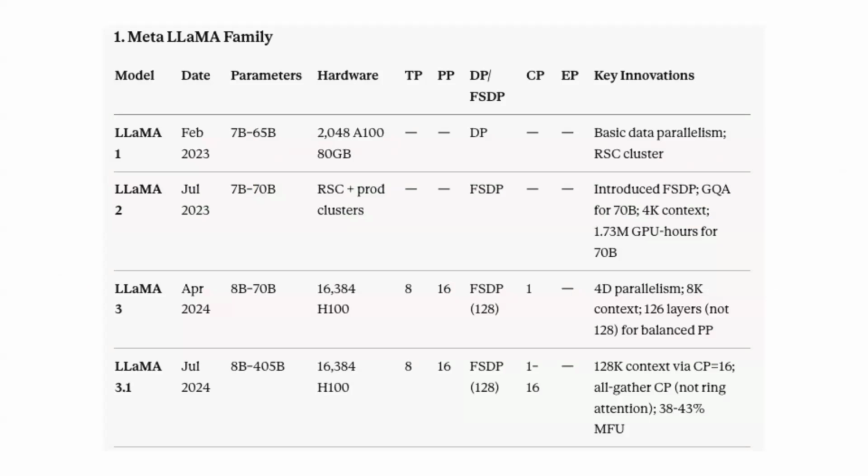So for the Llama family, they started with basic data parallelism. Then for Llama 2, they evolved to one of the ZeRO things. I'm not sure, at least I didn't find which one of the fully sharded data parallelism strategies they used for Llama 2, but at least they used something.